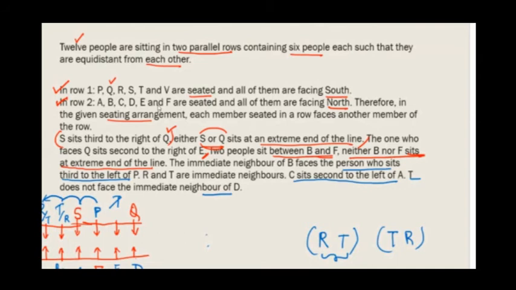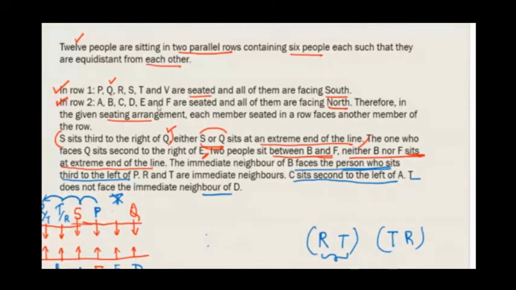Yes. If I assume that B has taken the second place and F has taken the fifth place, the immediate neighbor of B is nothing but C. And in this case, B faces the person who sits third to the right of P. This is also valid. Now, T doesn't take this place. Among P, Q, R, S, T, U, V, who is the left out person?